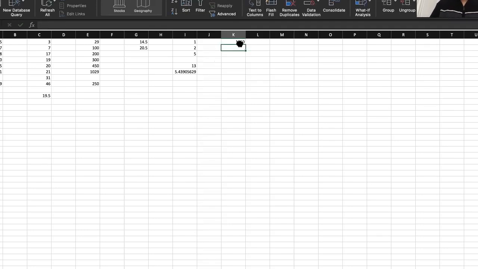We get 1,250. And then we're going to do that with the next class, which is 5,000 and 2,500. So we're going to do 5,000 plus 2,500 divided by 2.